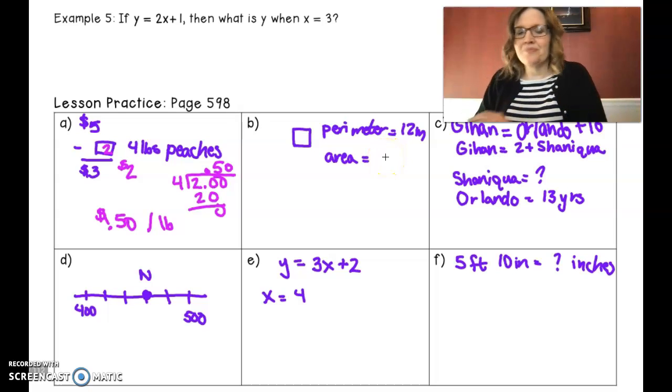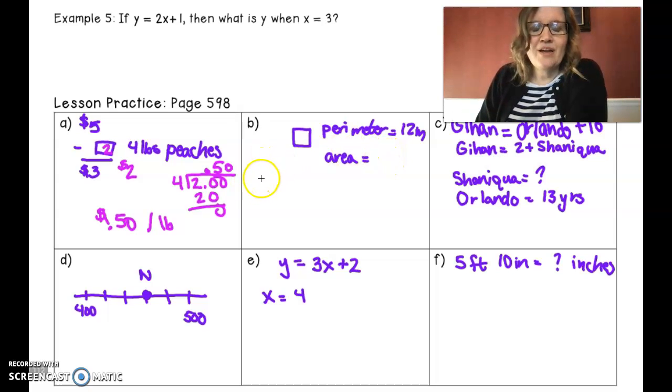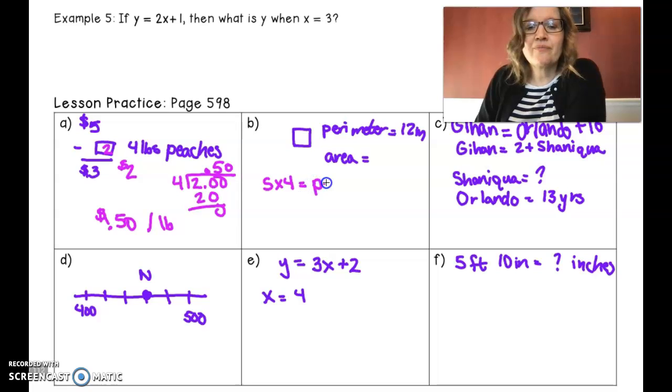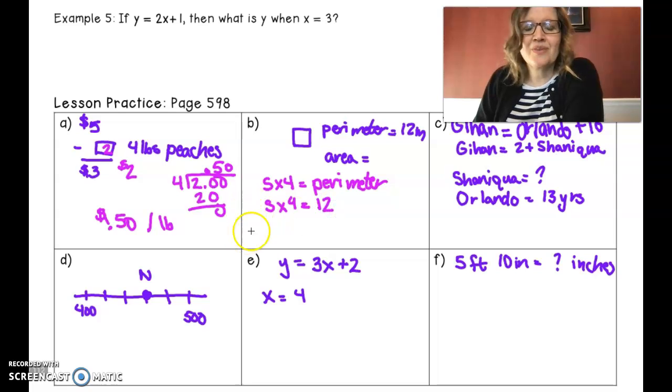Our next one is: the perimeter of this square was 12 meters. What is the area? Well, I know that the side times 4 for a square equals the perimeter. So I need to find out what my side is. Something times 4 equals 12 meters, so S times 4 equals 12 meters.